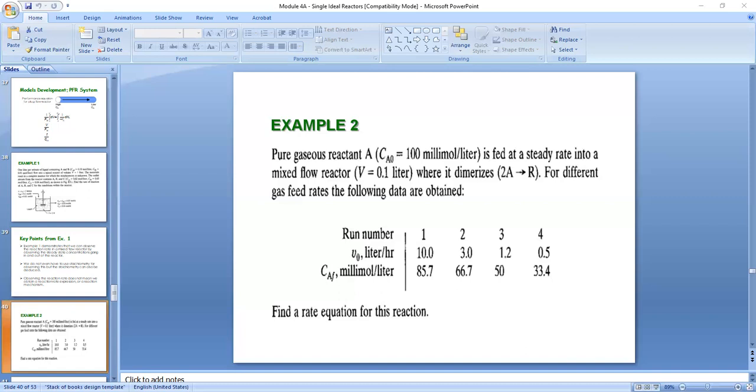So the final concentration is 50. And the last run, the fourth run, only processes 0.5 liter per hour of feed, and this is the corresponding remaining concentration of A.